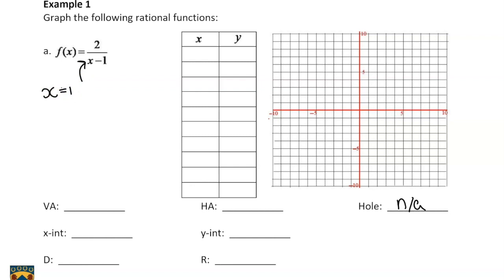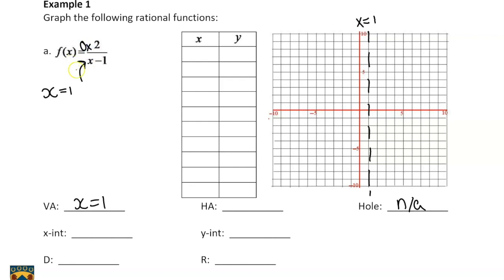We could never divide by 0, so that means we have a vertical asymptote at x equals 1, and we can represent that with a dotted line at x equals 1. To find our horizontal asymptote, we remember that we divide the leading coefficients by each other. But to do that, we have to make sure they're of the same degree.